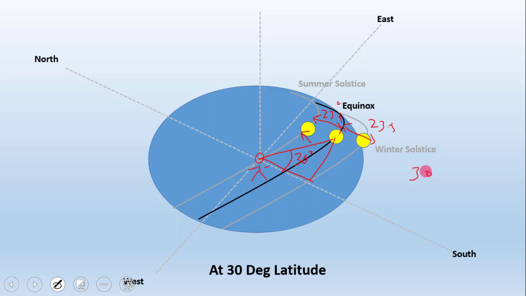So 30 plus 23.5 will be 53.5 degrees. So 53 degrees and 5 minutes will be the angle if it is summer solstice. Nevertheless, as asked in our question, at equinox at 30-degree latitude, we have the same tilt angle required for the solar module to face the sun.